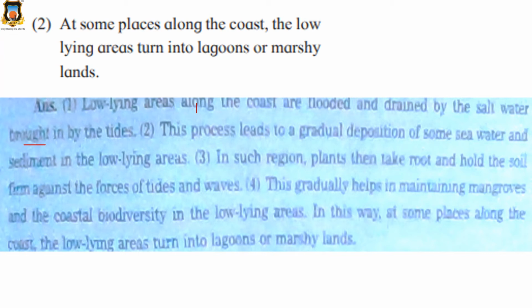Sediments means stones. In such regions, plants then take root and hold the soil firm against the force of tides and waves, so it grows in that soil. This gradually helps in maintaining mangroves and the coastal biodiversity in low-lying areas. In this way, at some places along the coast, the low-lying areas turn into lagoons or marshy lands. Understood?